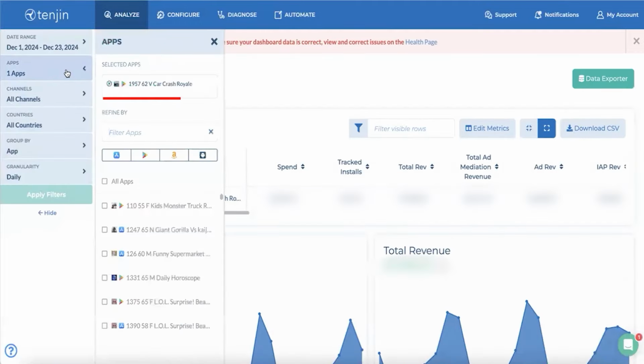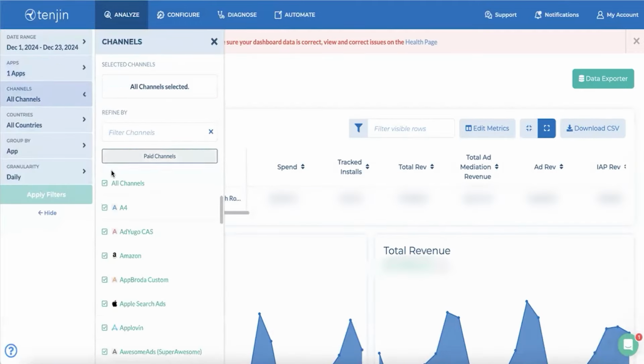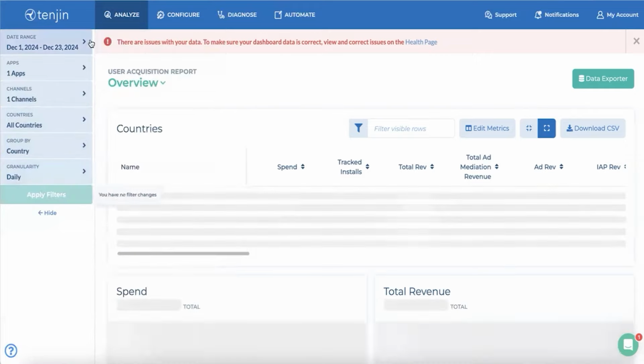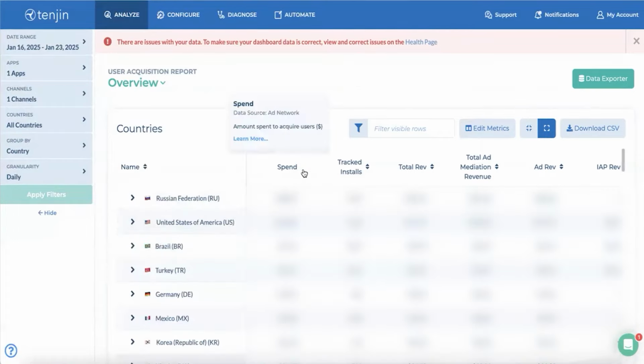We select our project. We go to the acquisition channels and select only Mintagrel. We select all the countries and group by country. We also set the last 7 days so that our dashboards match the ones we previously reviewed, and we get the following country breakdown.